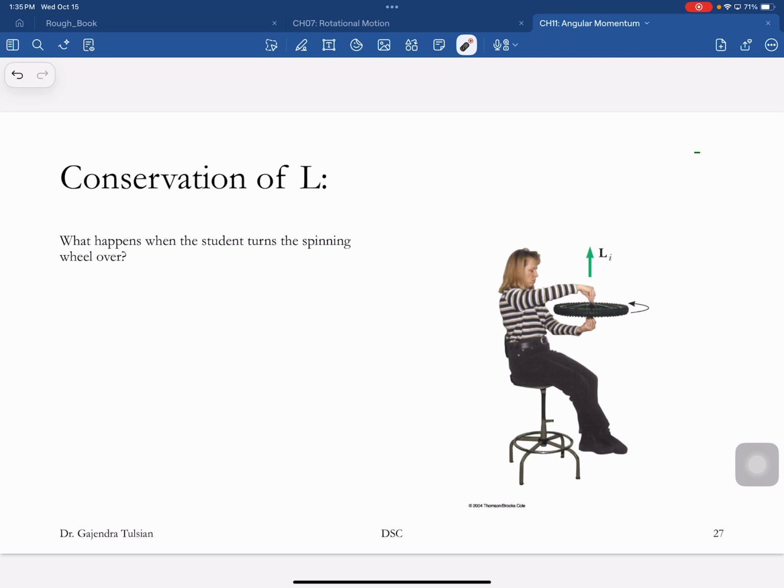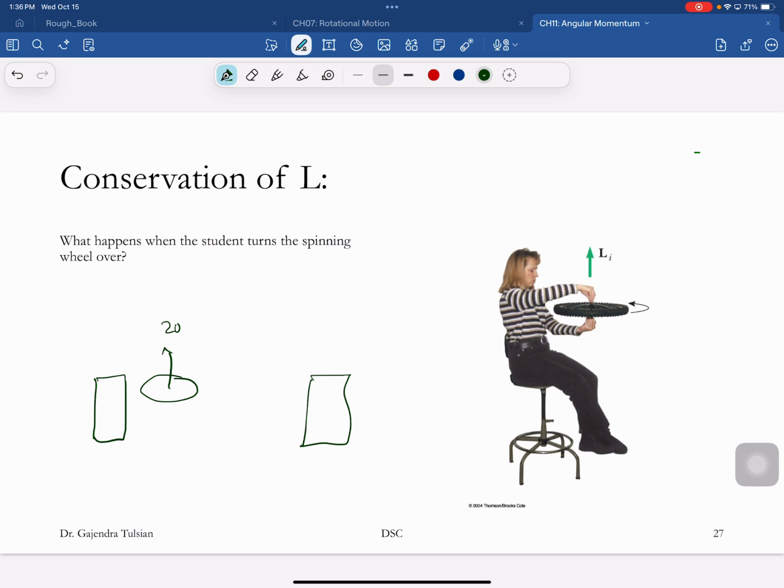Okay, so you saw me flip the wheel. So I'm going to draw. Here's the person, here's the wheel. The angular momentum of this wheel was 20 units, I'll just make up some number. Then what did I do? I flipped the wheel. So it was rotating in this direction, and I made it rotate in this direction. Now the wheel has an angular momentum of 20 units in this direction.